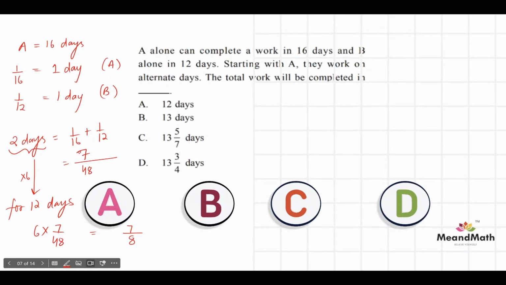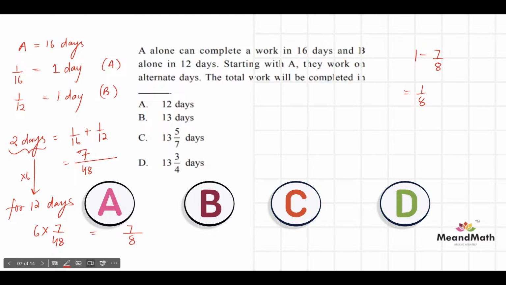Now let's see what remaining days we have. So we take 1 minus 7/8, which gives us 1/8. And on the 13th day, A completes the task.